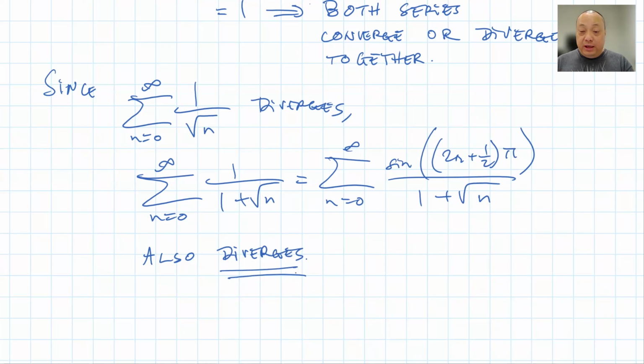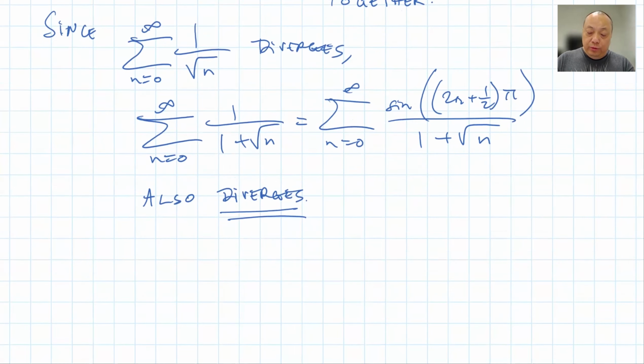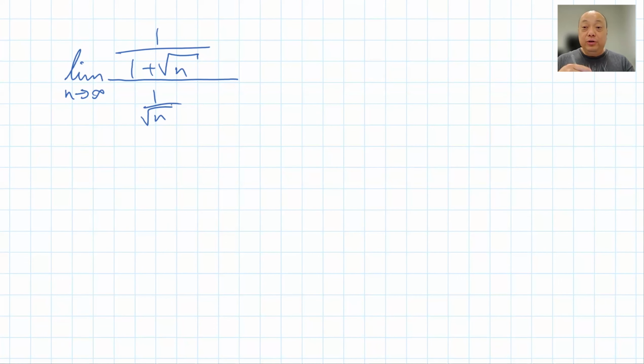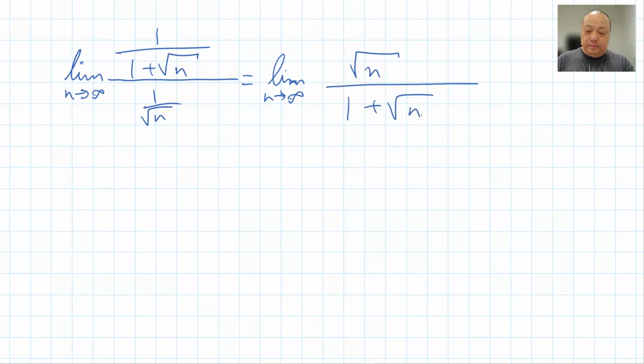Now, I did promise that I'm going to show you how to do the limit if you divide it the different way. Let's say you divide the terms of the two series the opposite way of how I did it. You can still take this limit. It just takes slightly more steps. Dividing fractions, I have square root of n over 1 plus square root of n.